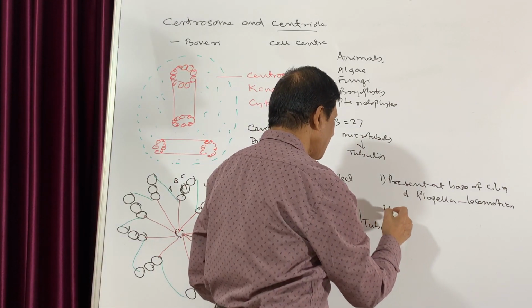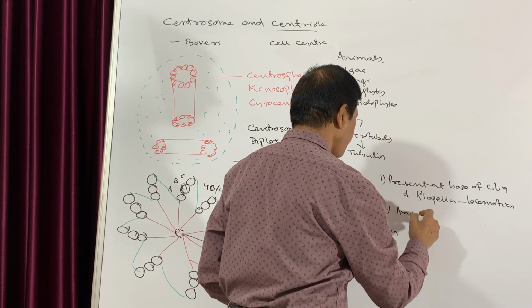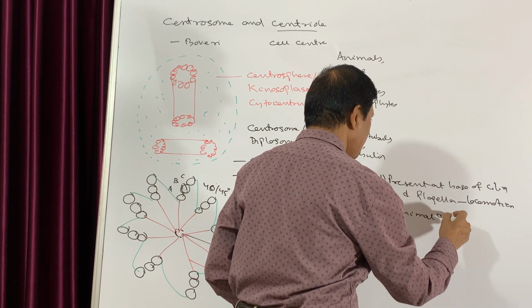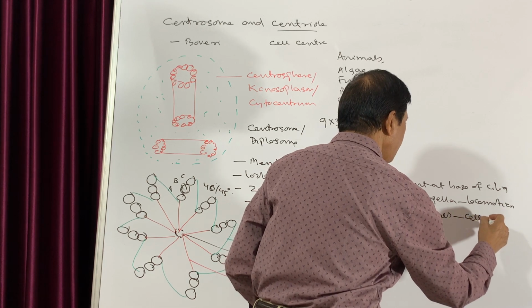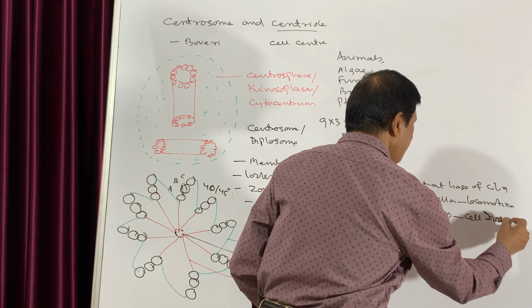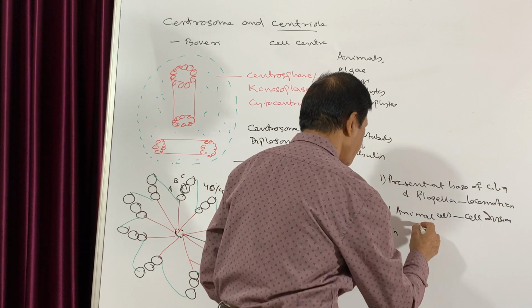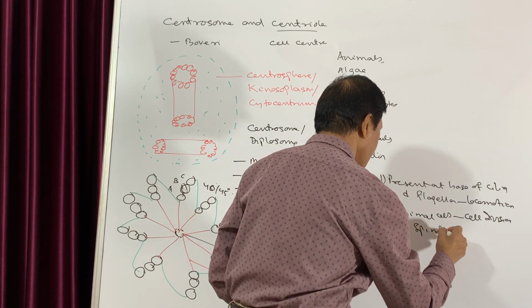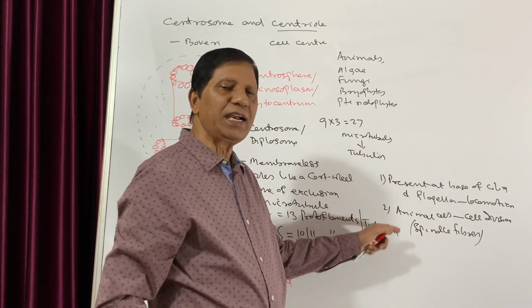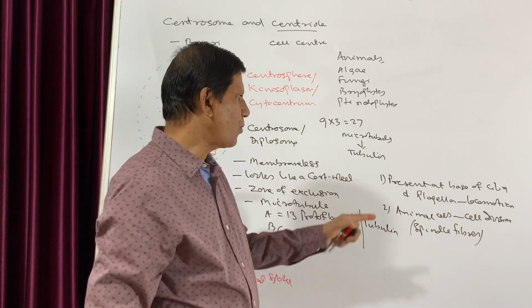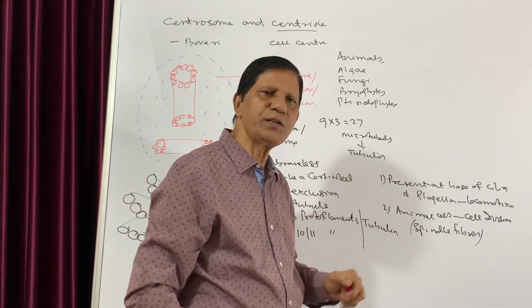Another function is in case of animal cells. In case of animal cells, it helps in cell division, because it gives rise to the spindle fibers. But the cell division is secondary function, while the locomotion is the primary function.